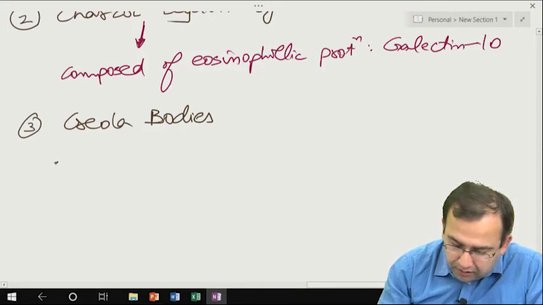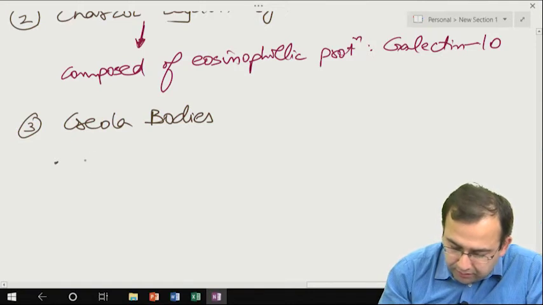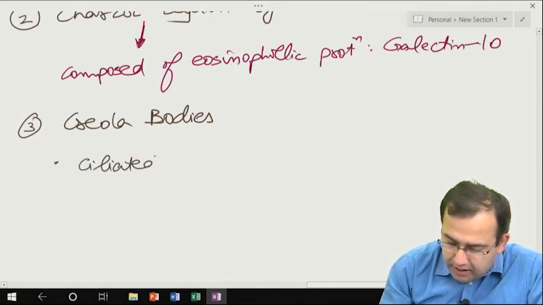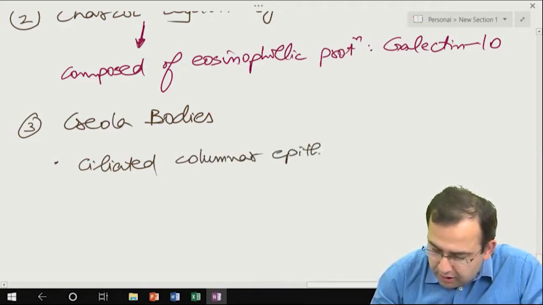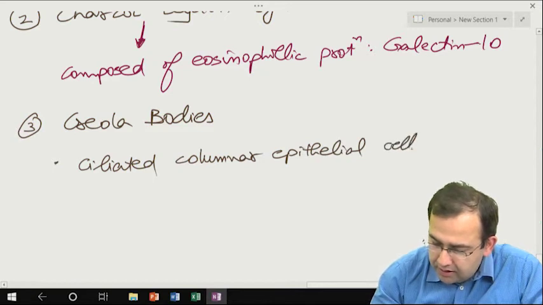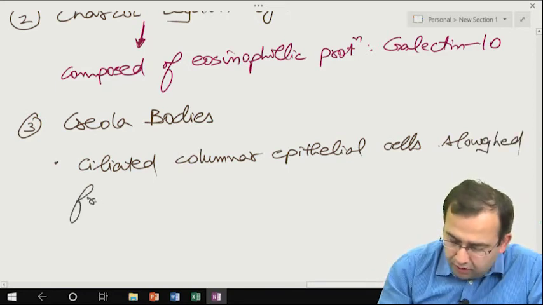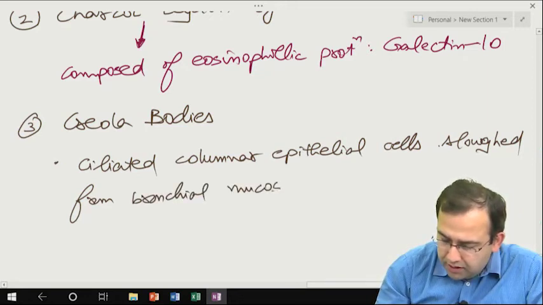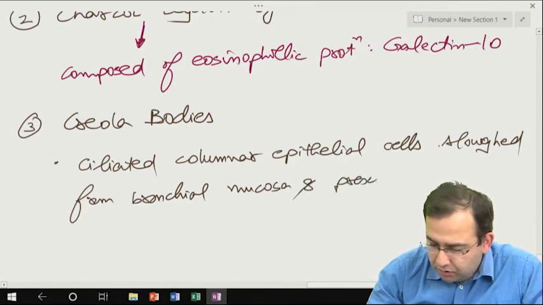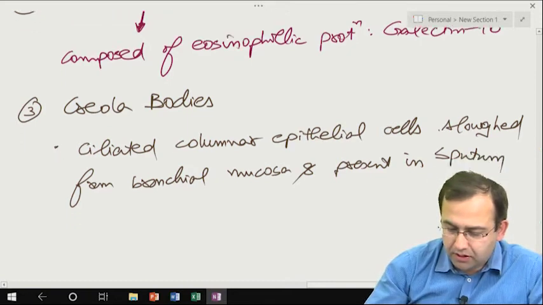These are collections of ciliated columnar epithelial cells which are sloughed from the bronchial mucosa and present in sputum. That is Creola bodies.